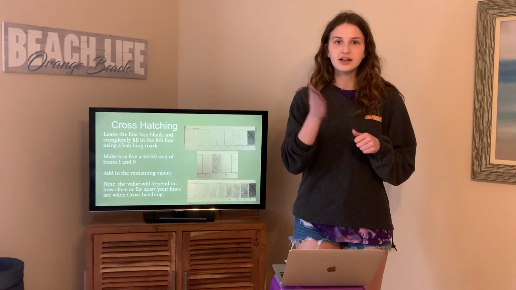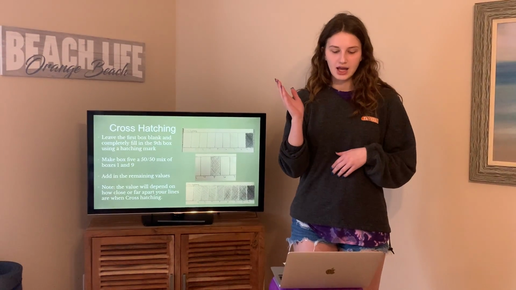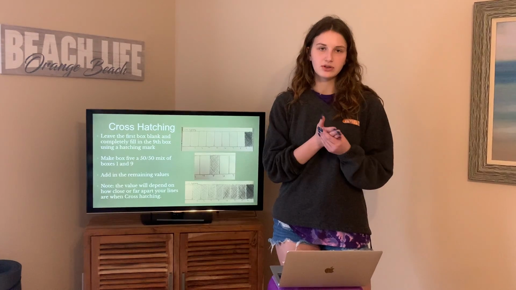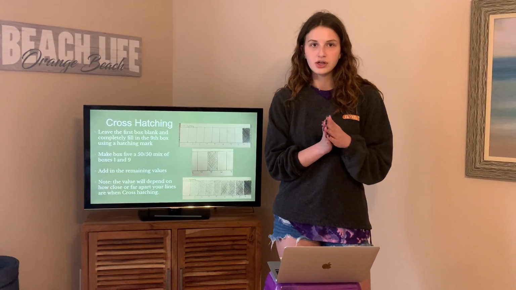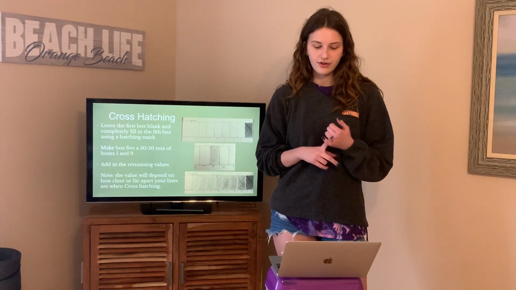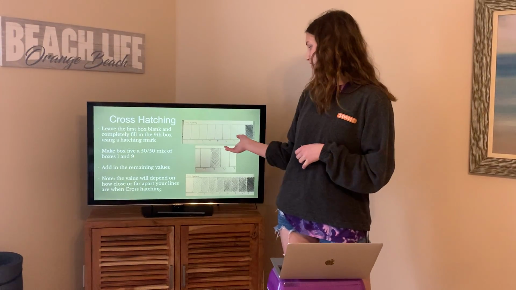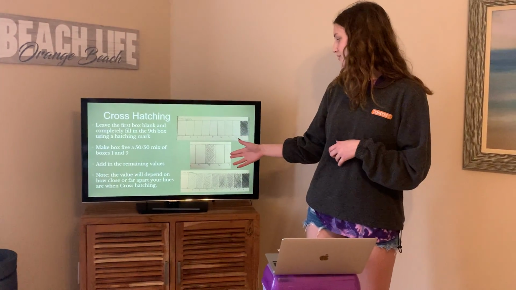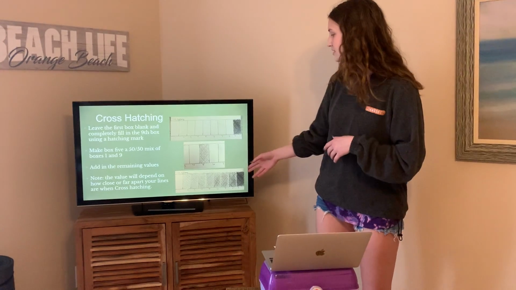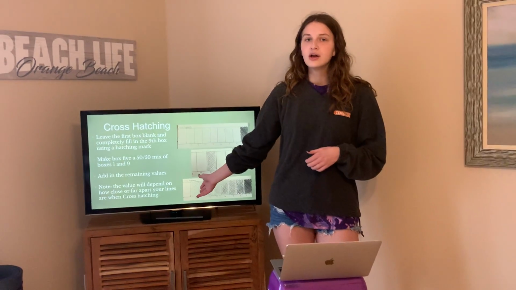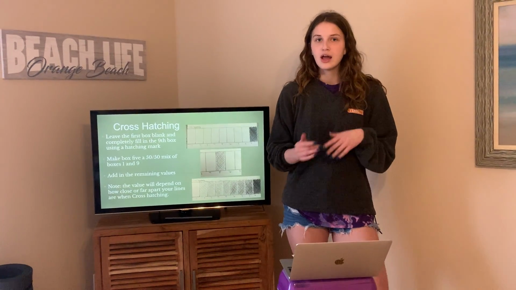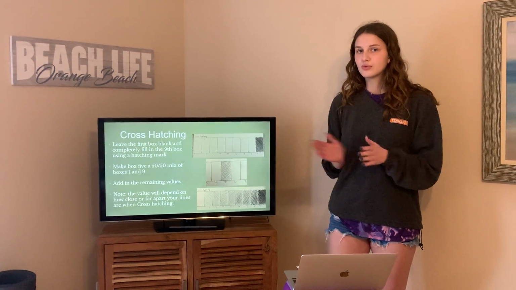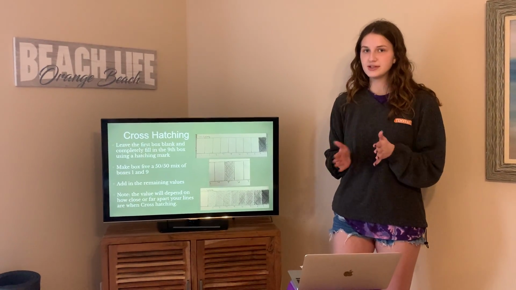So you're going to do a diagonal line each way, but the value will depend on how close your lines are to each other. So for the 50-50 mix, you're going to do that on 5 and then add your values in from light to dark. But as you can see, in my light value the lines are further apart, and in my darkest value, they're right next to each other and there's no white space in between.